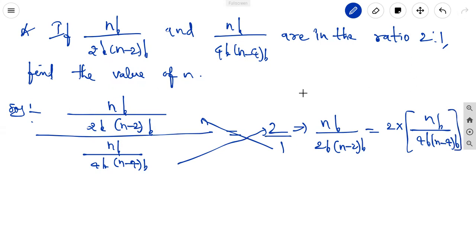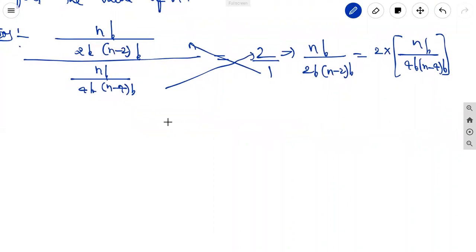Okay, now here both sides n factorial get cancelled. Again, we can cross multiply.